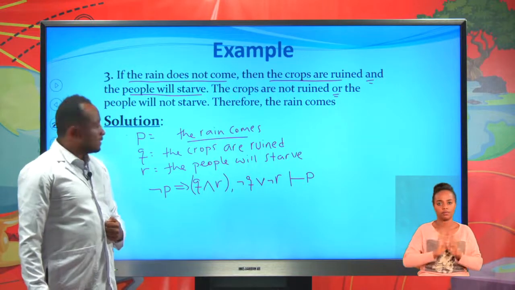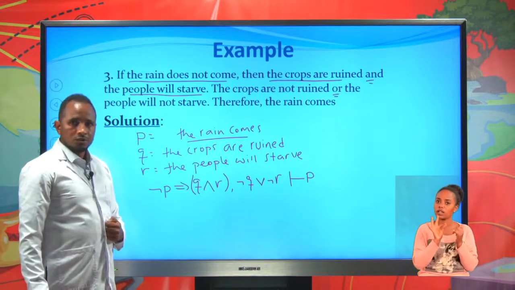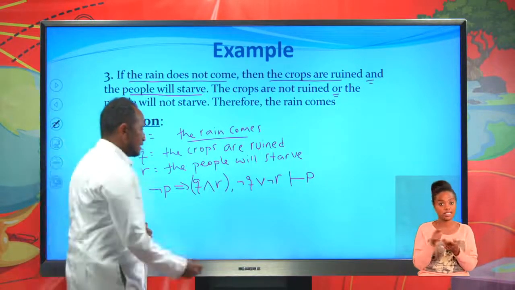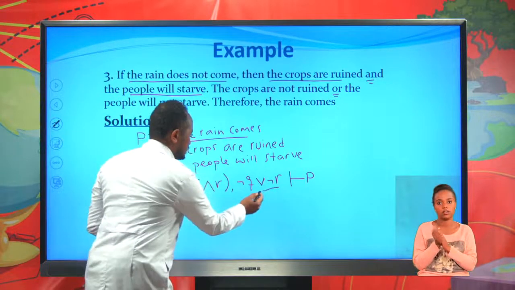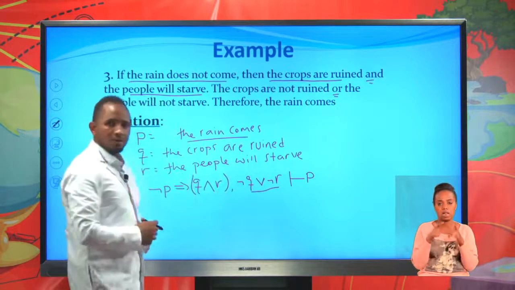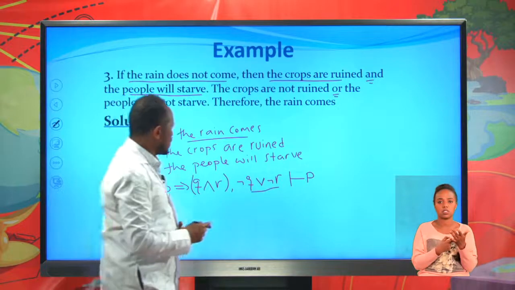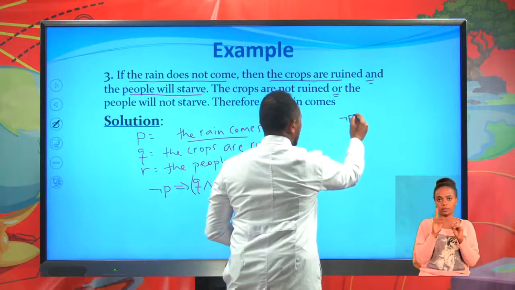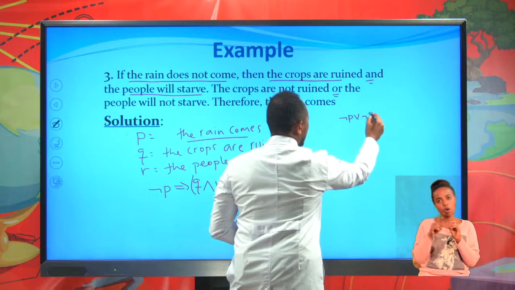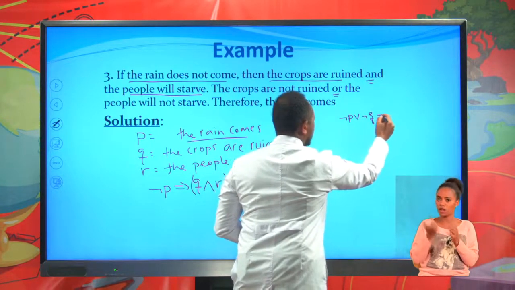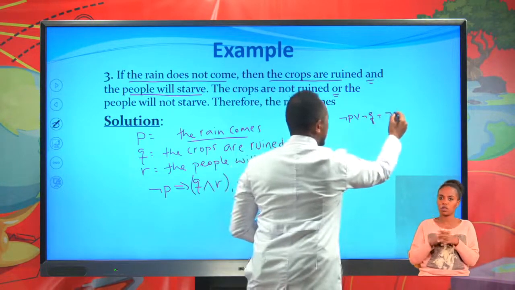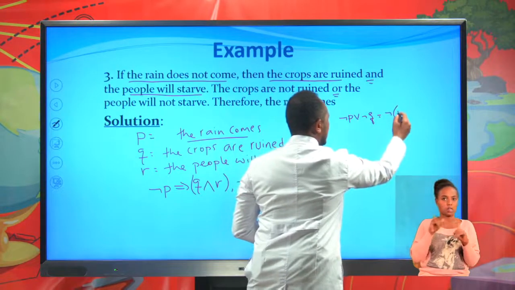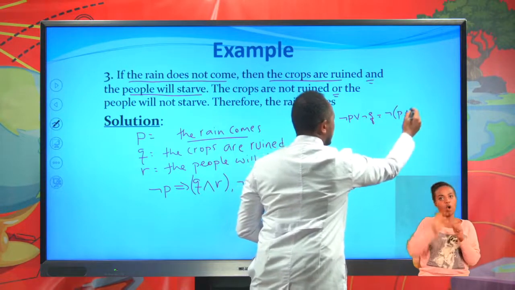Now, to test its validity, let's use one property, De Morgan's law. Negation of Q or negation of R can be written in this form. You can take negation as common and convert or into and.